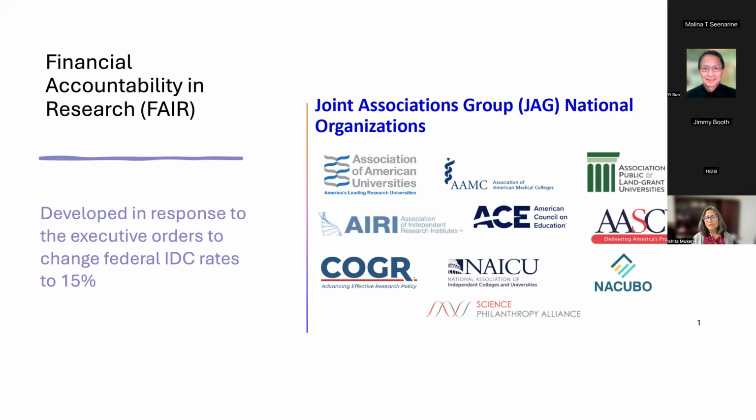Regardless, these are the organizations that have worked together to come up with this FAIR model. They're called the Joint Association Groups, and they're led by Kelvin Droegemeier, who many of you might remember. He was the director of the Office of Science and Technology Policy under President Trump during his first term.